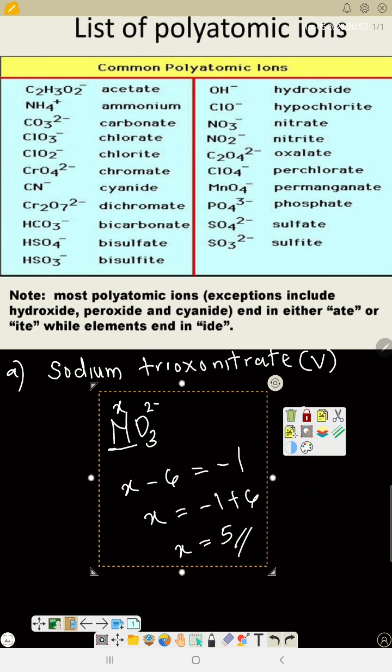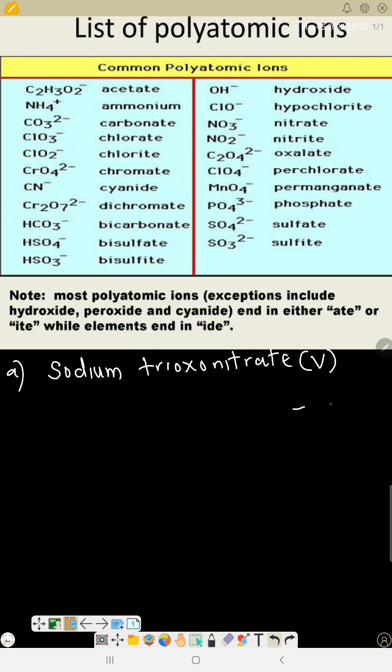So take note. Now let's write a chemical formula for sodium trioxonitrate 5. Sodium is Na, nitrate is NO3, or trioxonitrate 5. Now the charge on nitrate is minus, so you have to know the polyatomic ions with their charges, and each time you use it you will memorize it.